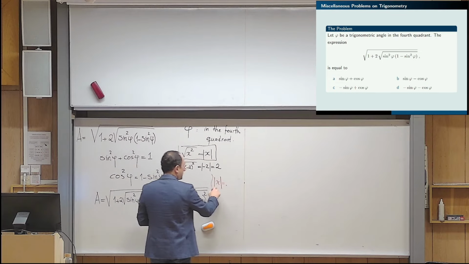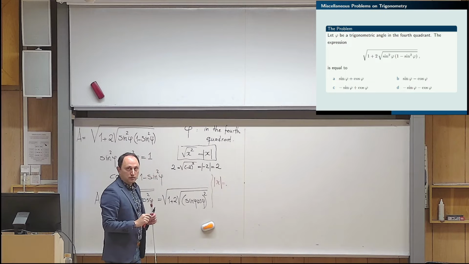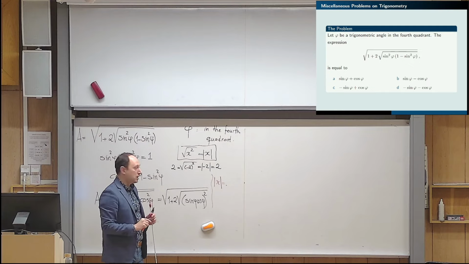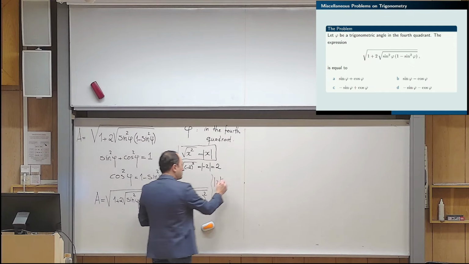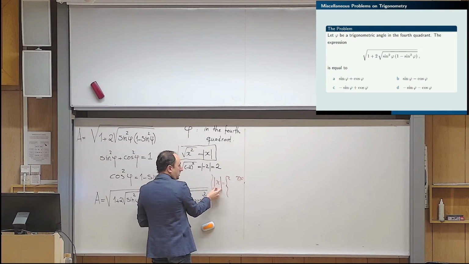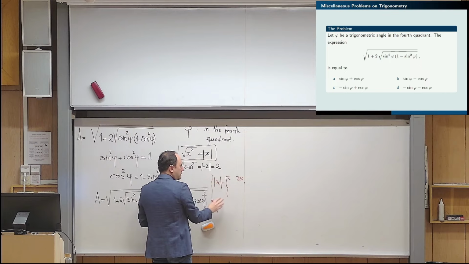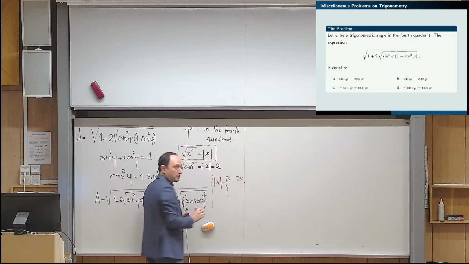I cannot remove the absolute value sign unless I am sure about the sign of the expression inside it. If I am sure that this expression is positive, I can simply remove it. So if x, which is inside the absolute value, is non-negative, I can safely remove the absolute value sign without any changes.